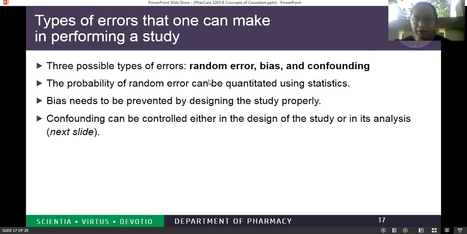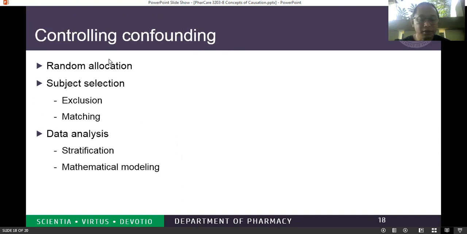Okay, so we have three kinds of errors. It can be random error, bias, and confounding. For random error, we are okay, but for bias and confounding, we have to be very careful. To control the confounding, we can use random allocation, which is the randomization, and then subject selection using exclusion and matching.